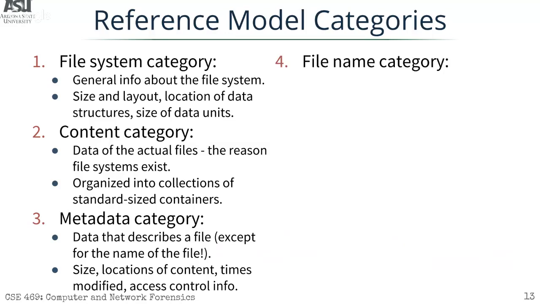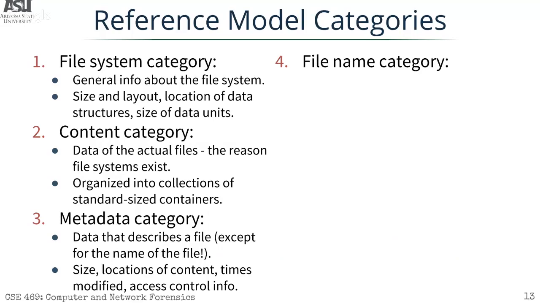So the next category is the file name category. We have this in a completely different category because it's stored differently than metadata. And in order to read in the metadata, we have to have a file name. That's how we access files, right? We don't open up a program that reads in a file and point it to a sector location, a logical block address of the disk. That's not what we do. We give it a file name.